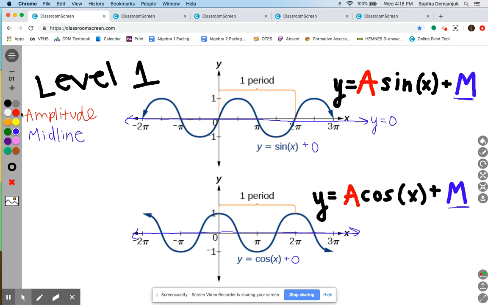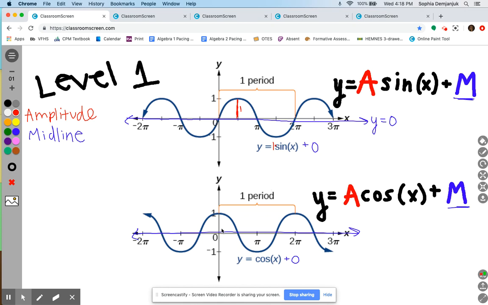The amplitude is the distance from the midline to either the peak maximum or the lowest minimum point. So if I'm looking at my midline and I want to reach the maximum, I can see that it took from 0 to 1, just 1 unit to get there. That's why there's a pretend imaginary 1 being multiplied out in front of that sine.